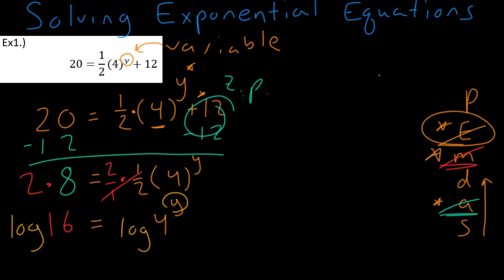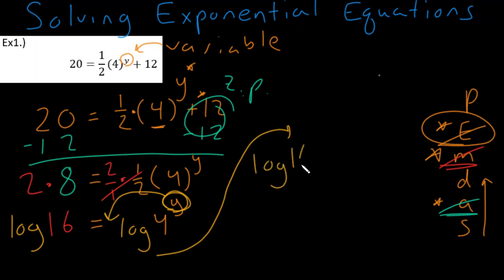By the property of the logarithm, since it's the opposite of an exponent, you get to bring that exponent down in front. So now the log of 16 is equal to y log 4.